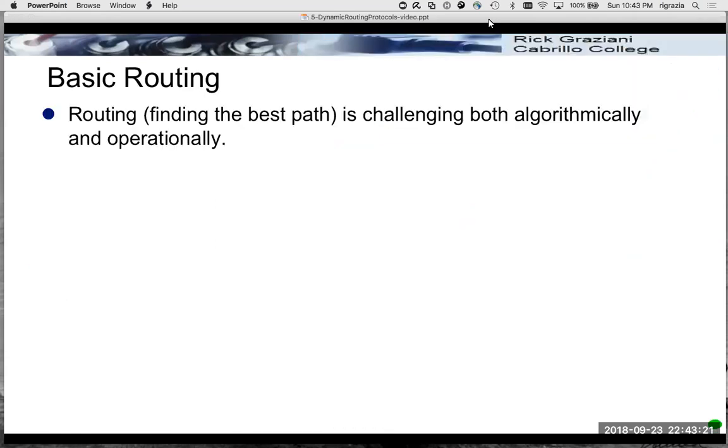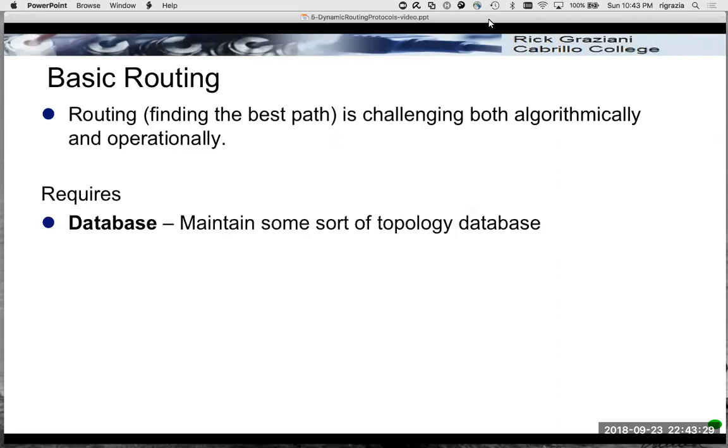Okay, basic routing. What is routing? Well, it's to find the best path algorithmically and operationally. I'm looking at a very high-level view of this, but it requires typically some sort of topology database, and these things will make more sense when we look at routing protocols like EIGRP and OSPF in more detail.